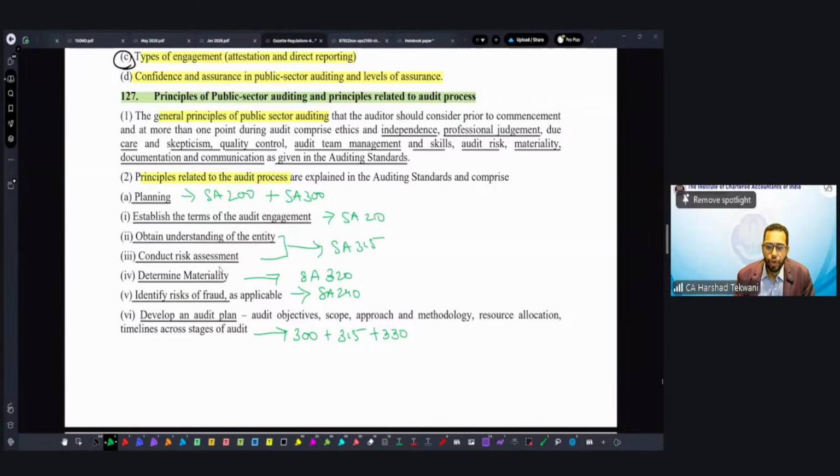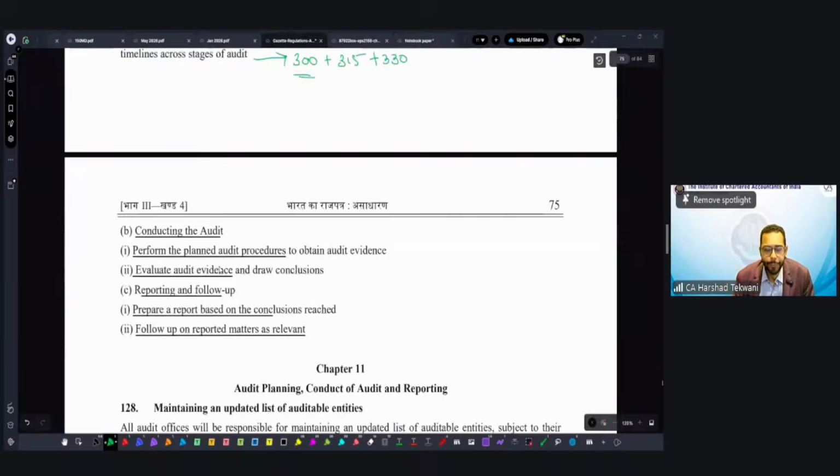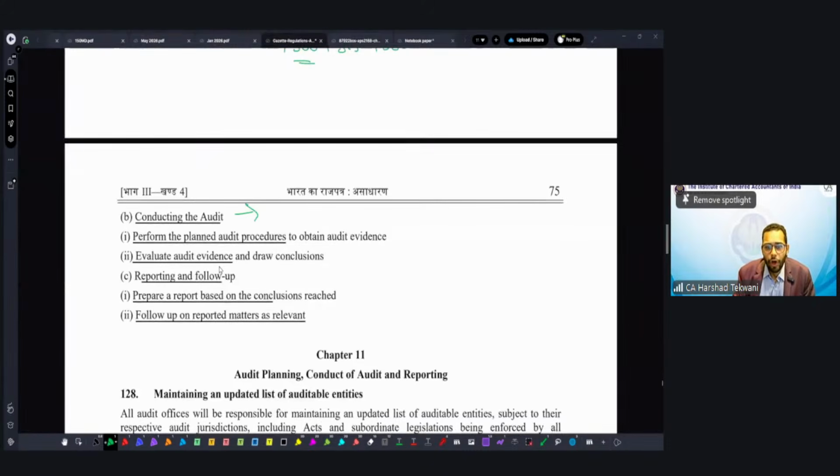So the base for the plan is SA 300. Conducting an audit, or performing the planned audit procedures to get the audit evidence: the SA 500 series, 500 to 580.